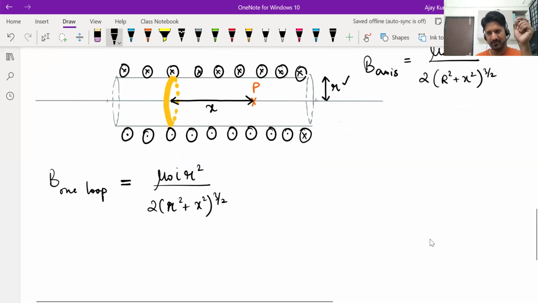Whenever you need to integrate something, an integral is basically the addition of an infinite number of small terms. So the term that you are integrating should have a dx or a dt or a d theta, something like that.